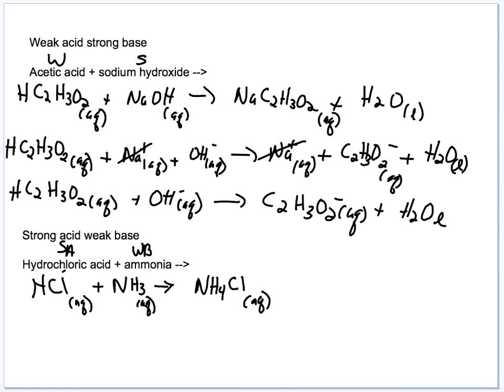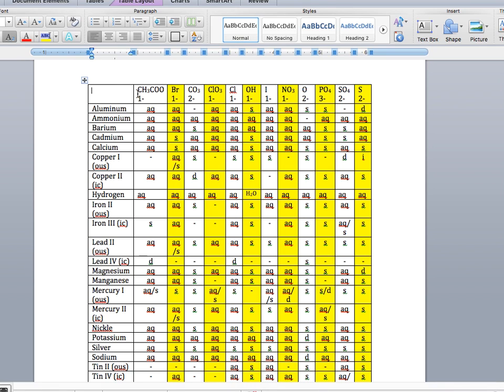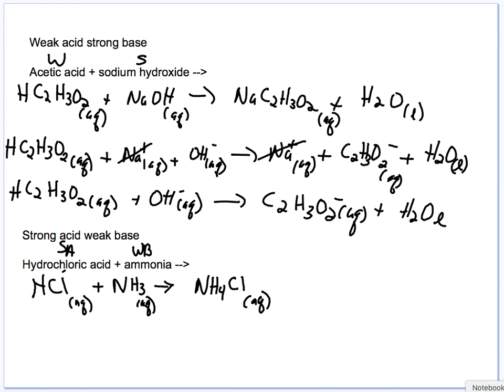You can double check the chart if you wanted to, but ammonium compounds, like almost all ammoniums, are aqueous. If you look across, you can see they're almost all aqueous. So ammonium chloride is aqueous. Now, what we can do is start by writing the things that are strong and how they will break apart into ions. So the HCl is going to make H+ aqueous, plus Cl- aqueous.